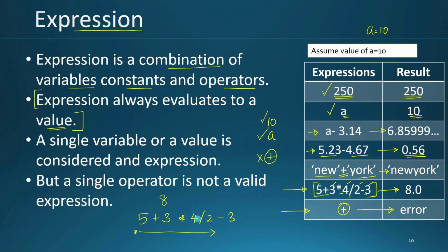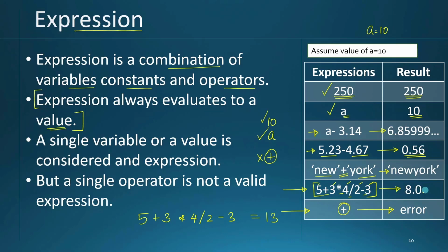Now 8 into 4 will come to 32. 32 by 2 will come to 16, and 16 minus 3 will evaluate to 13. So if I evaluate from left to right, the result of this expression is 13. But if you give this expression to Python, the result is coming as 8.